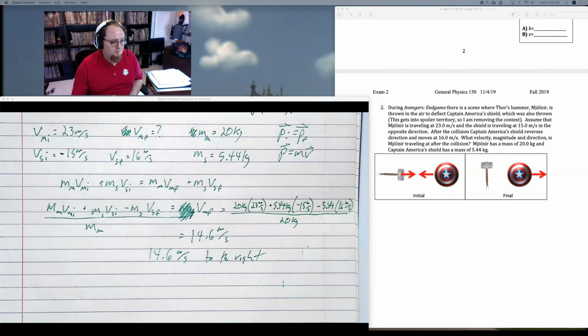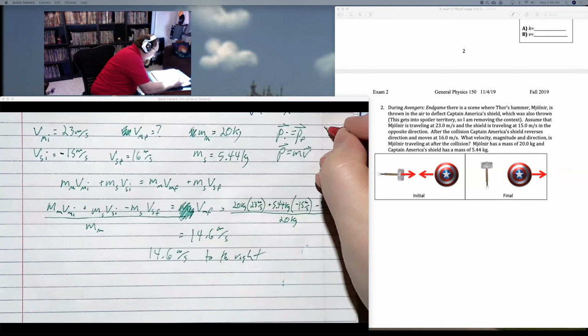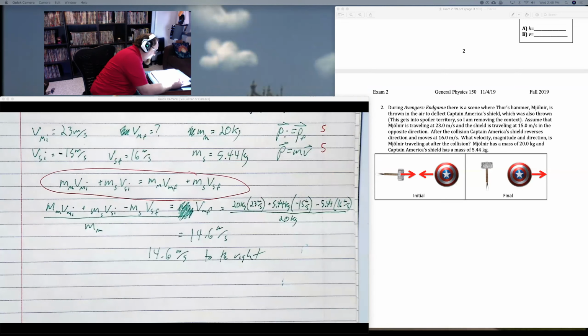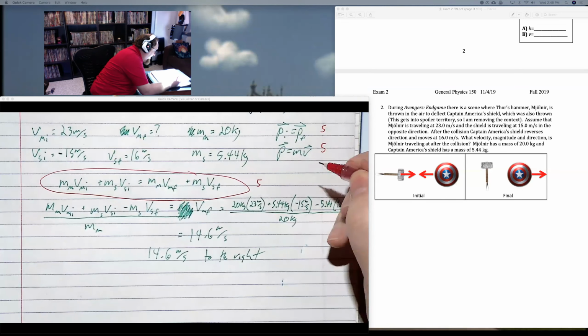Can you write out the points that they would get for that? I don't have how I graded it last time on me, but if I had to guess how I did it, I probably did 5, 5, maybe 5 here.